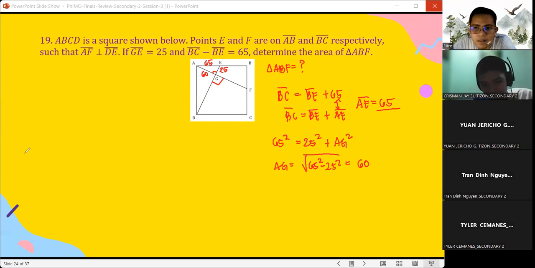So by angle theorem, AA theorem or AAS. So the ABF is similar with which one? AGE, no?